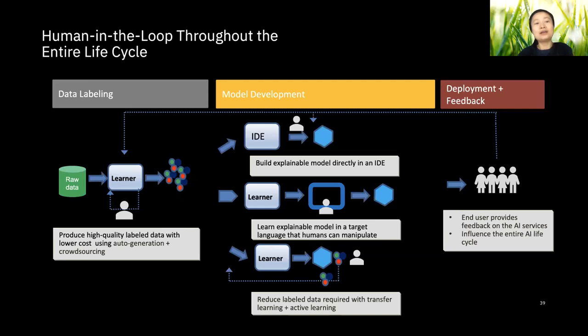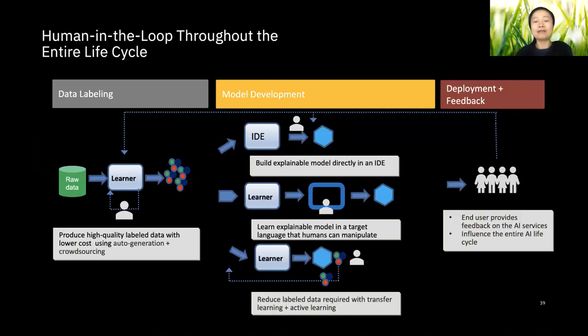Throughout the entire life cycle, when people talk about human in the loop, a lot of the time, if you read some of the recent papers, it's basically about active learning at data labeling time. But a lot of work in my team is actually beyond the initial stage of reducing data labeling.